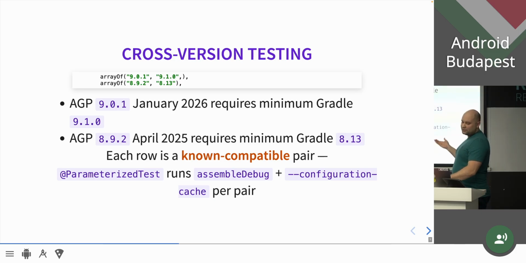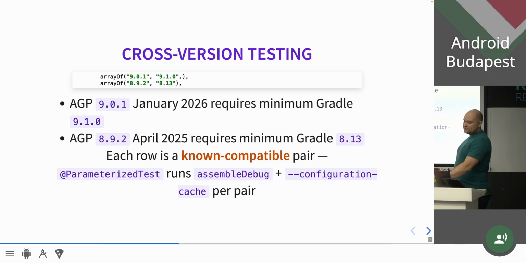So for parameterization, I've decided to pick up also the JUnit 5 parameterized test annotation. And the key task we want to focus on is assembleDebug, because this fires the whole chain, builds everything, and provides us the build.